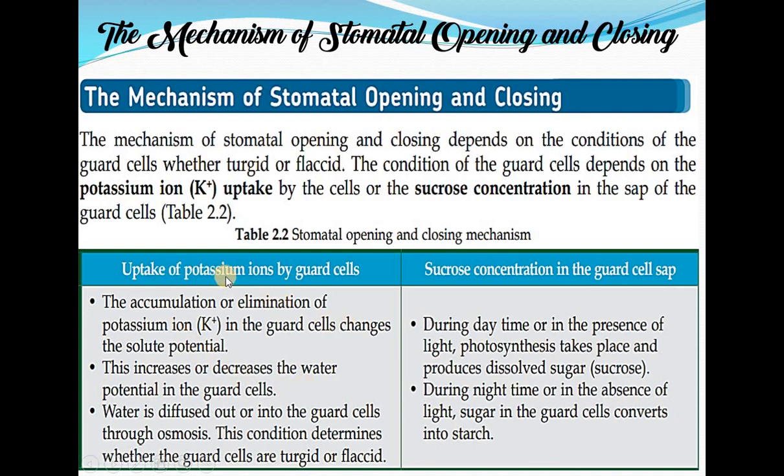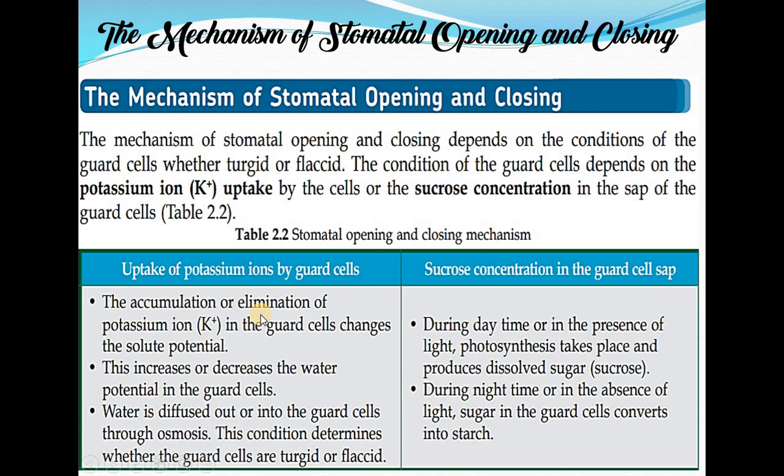Now we will discuss one by one. The uptake of potassium ions by guard cell, pengambilan potassium ion oleh guard cell ataupun sel pengawal. The accumulation or elimination of potassium ion in the guard cell changes the solute potential. Accumulation maksudnya pengumpulan, or elimination ataupun penyingkiran.